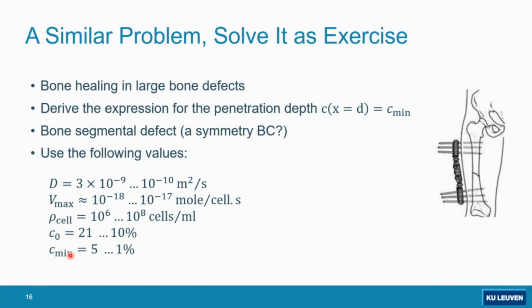And then you can see that the initial oxygen concentration here is of course expressed in terms of solubility. But then you can examine different conditions and see in which case bone remodeling occurs, because for bone remodeling, you need oxygen.